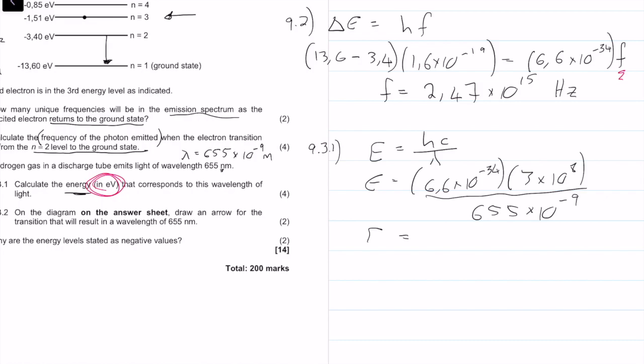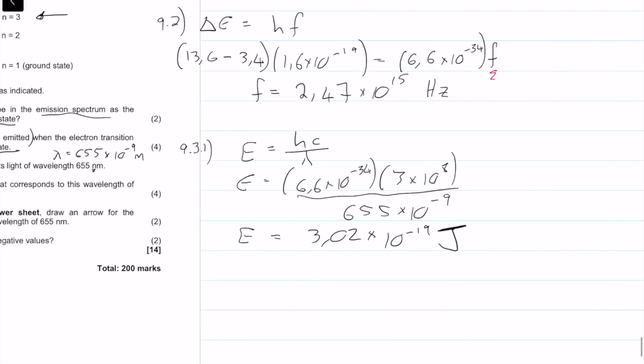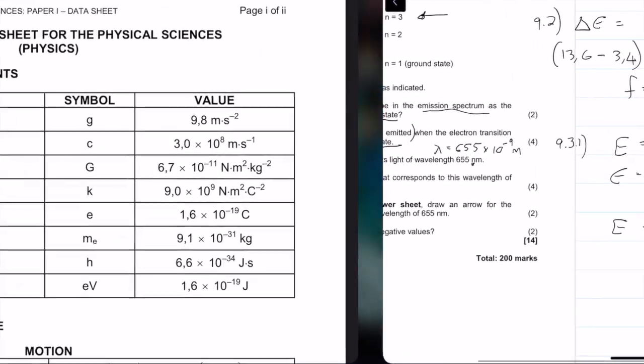This gives me a value of E equal to 3.02 times 10 to the minus 19 joules. But I needed it in electron volts.